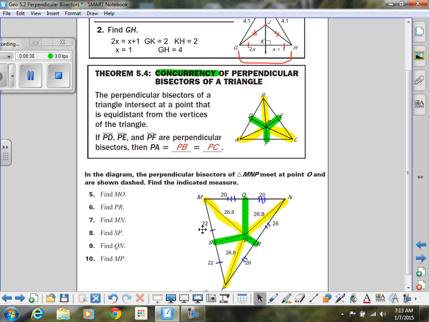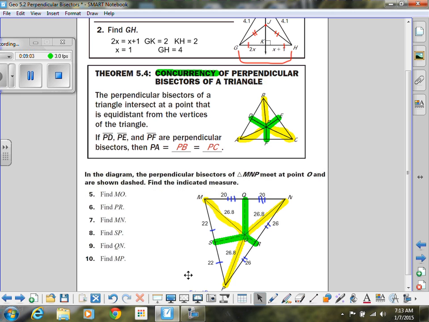PR, that'll be from here to here, so that'll be 26. MN is this whole distance, so we have to add 20 and 20, so MN will be 40. SP is this little length right here, that's 22. QN goes from here to here, that's just 20. And then MP, that's this whole length over here, the whole side, so that's 44.